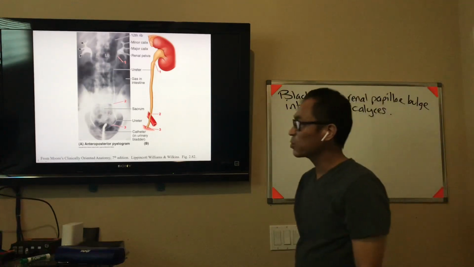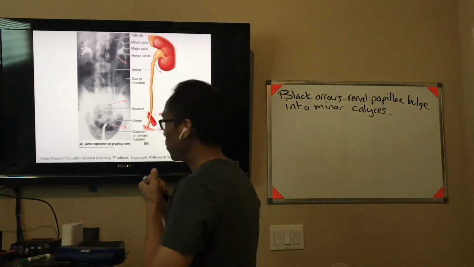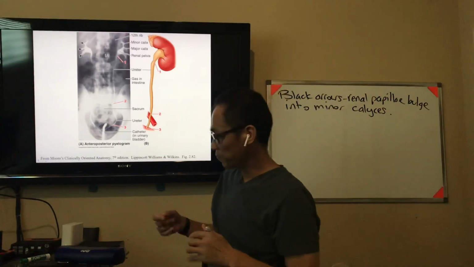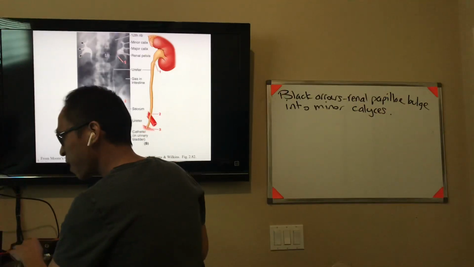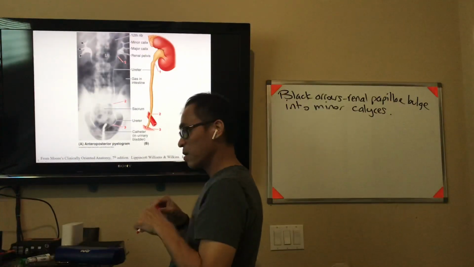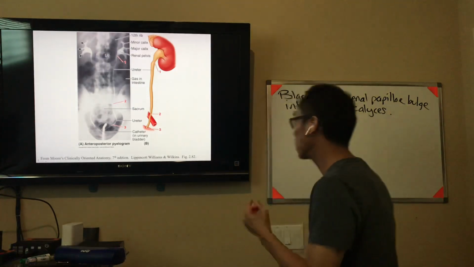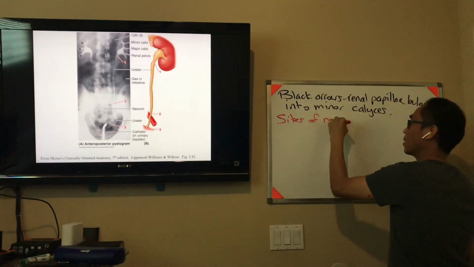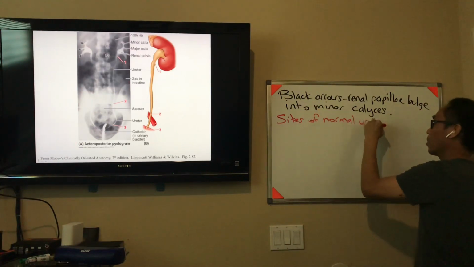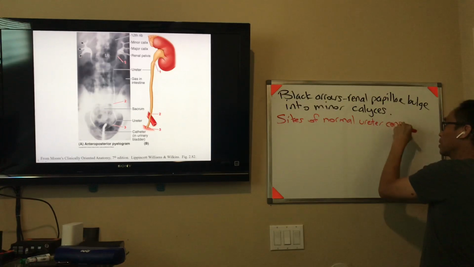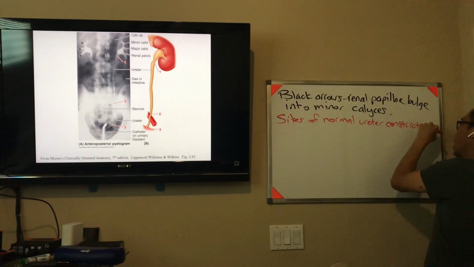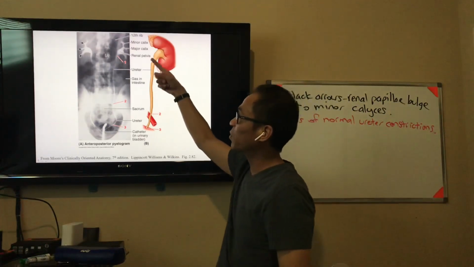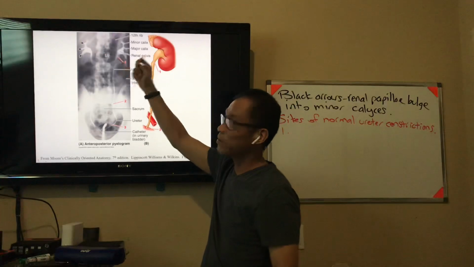The red numbers, 1, 2, and 3, show you the normal constrictions of the ureter that you see. Sites of normal ureter constrictions. I see a constriction right where it connects to the renal pelvis, number 1, so at the renal pelvis ureter junction.